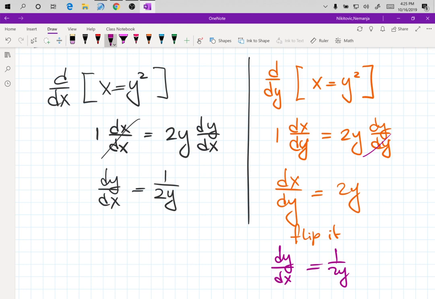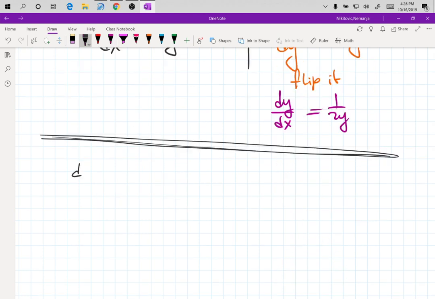Let's see the other problem that I had over there. Actually, let's try something else. Let's try some of the simpler examples. 3x squared plus 6y equals 4xy.